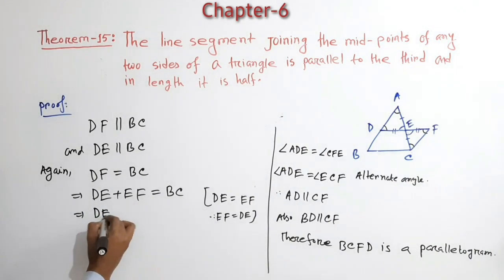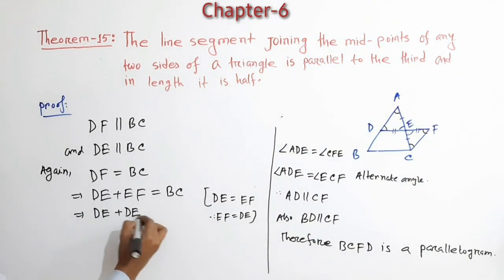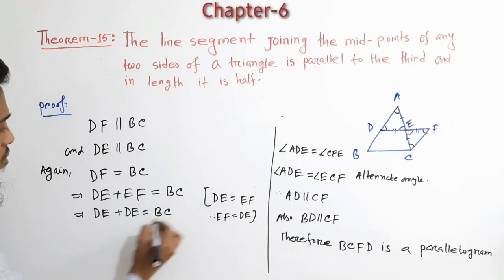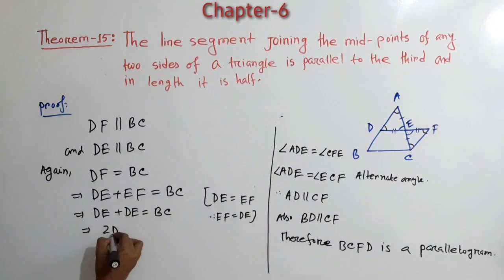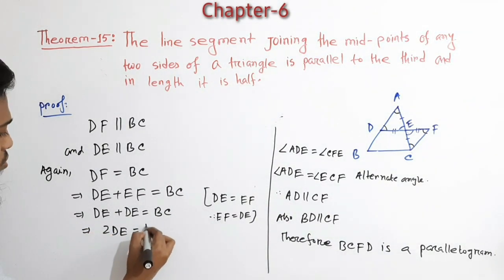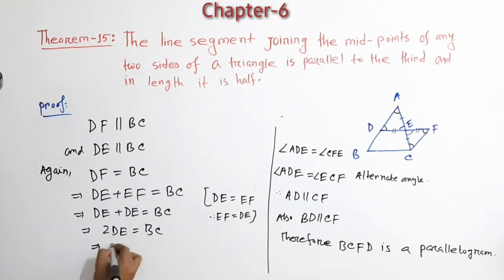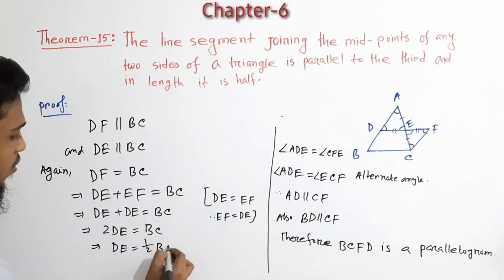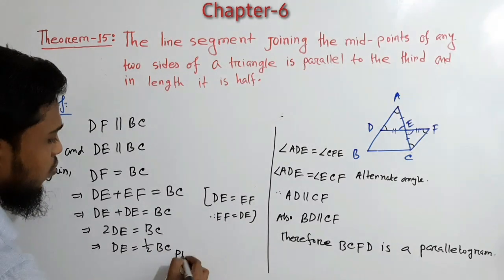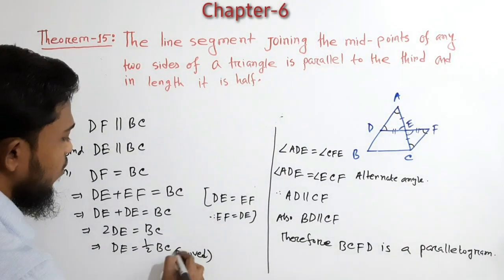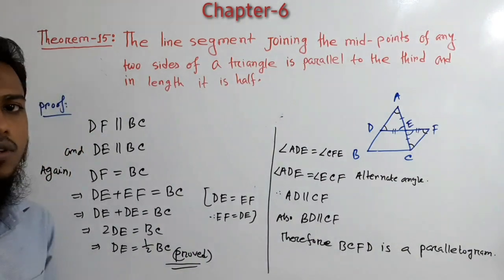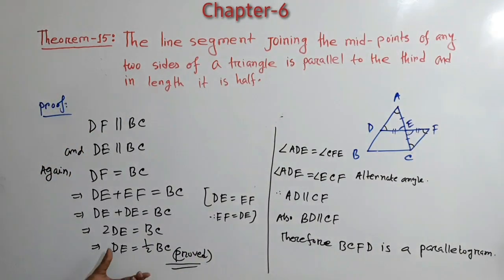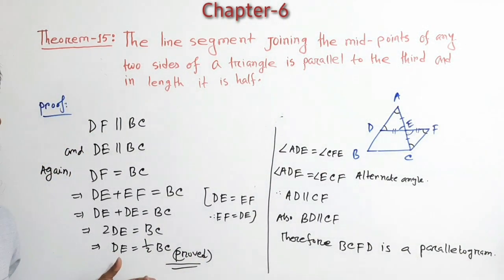So, DE plus DE is equal to BC. So, 2DE is equal to BC. So, DE is equal to half of BC. This is our proof. I think, dear student, all of you understood this calculation very easily.